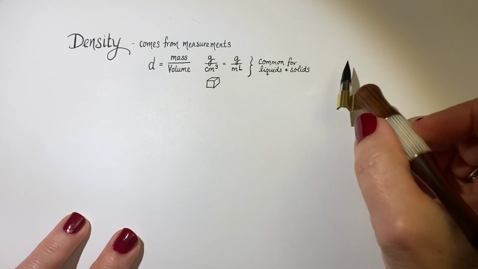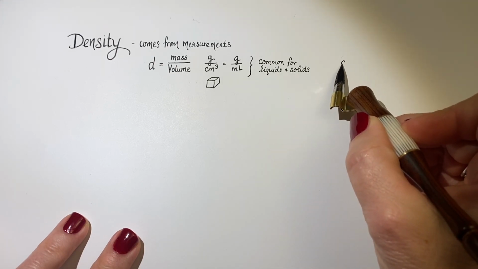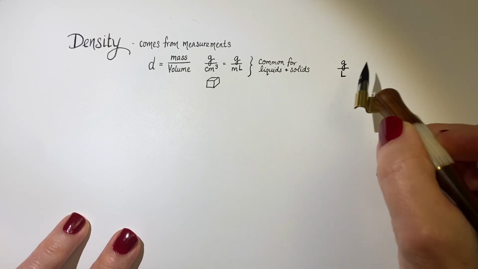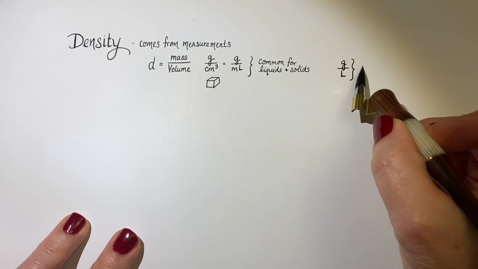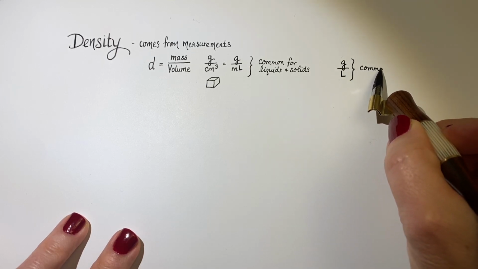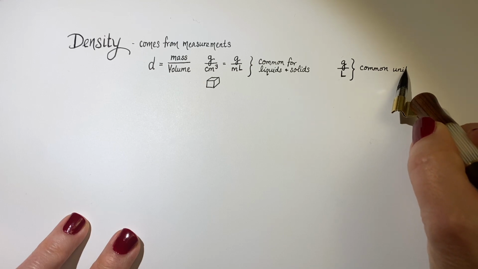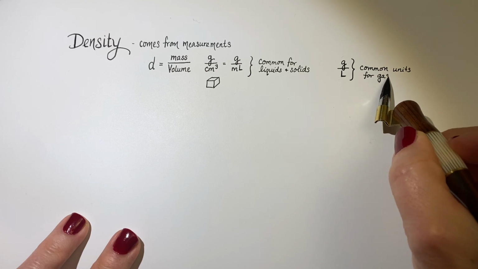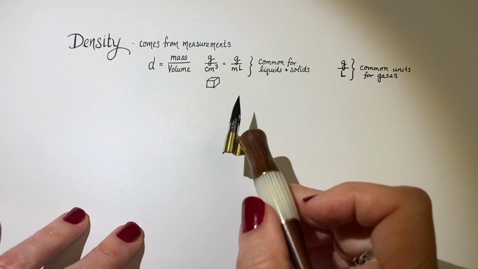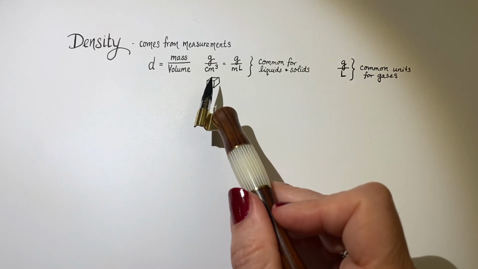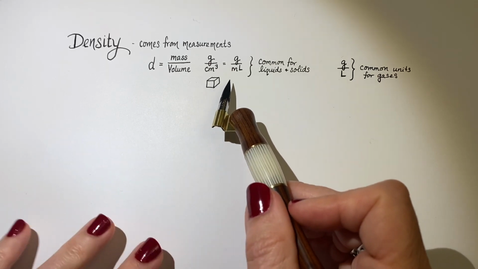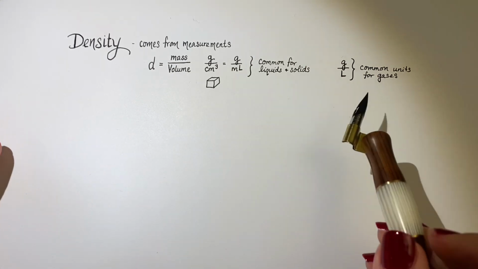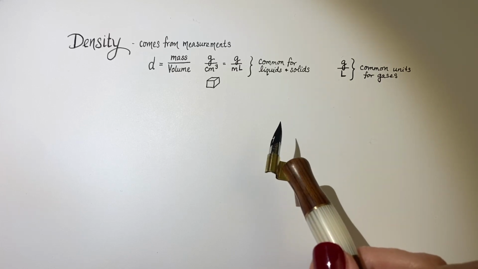And so, I'll put this here, that it's more common when we're talking about gases that we talk about grams per liter. Common. And these are units, I should say, for gases. I'm going to be focusing on solids in this video, but it's analogous. All the calculations would be analogous for gases.